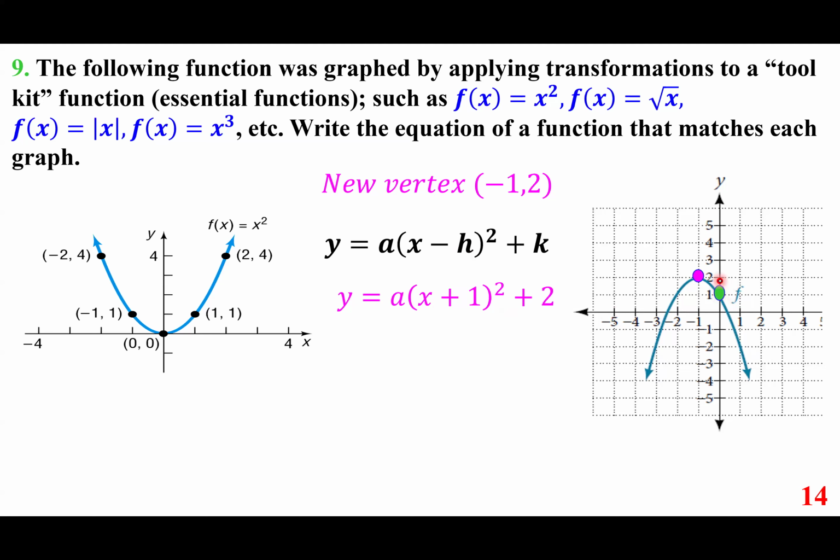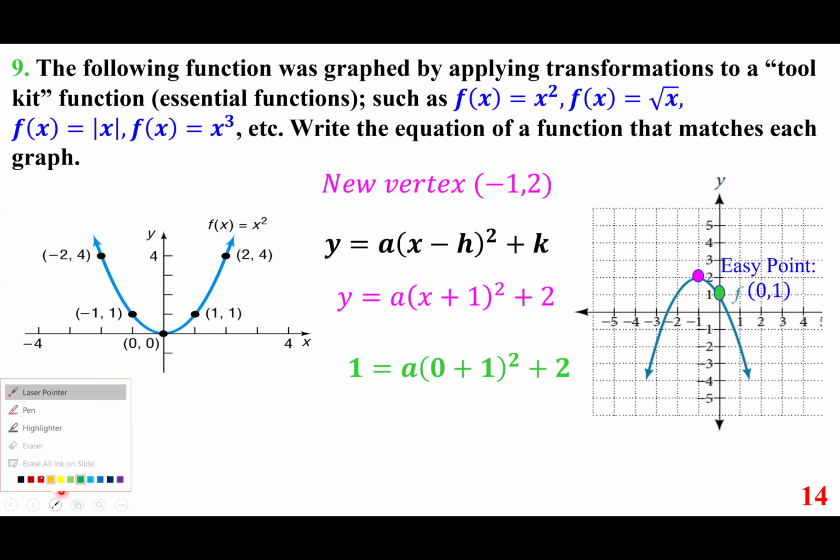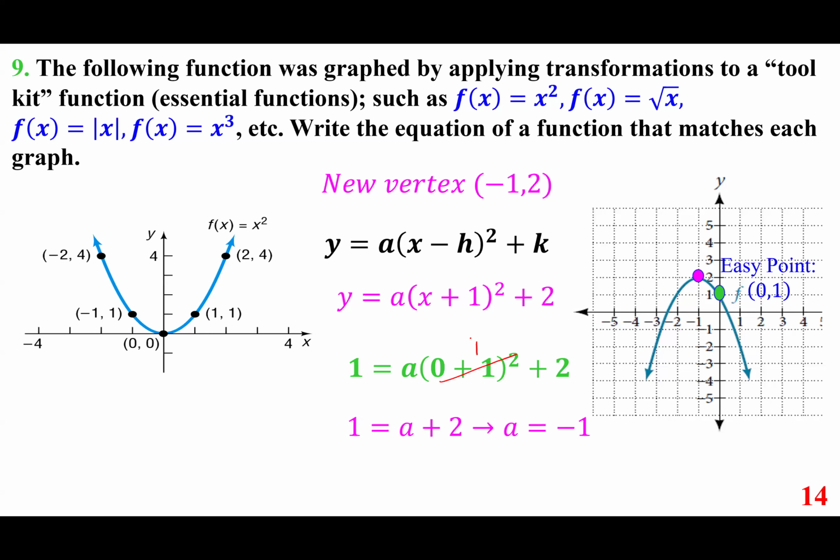And clearly, we go with easy points. This has coordinates 0, 1. So replace the x with 0 and y with 1. Obviously, this is 1, square root is 1. A plus 2 is 1. A must be -1.